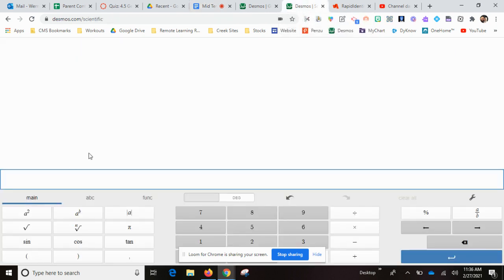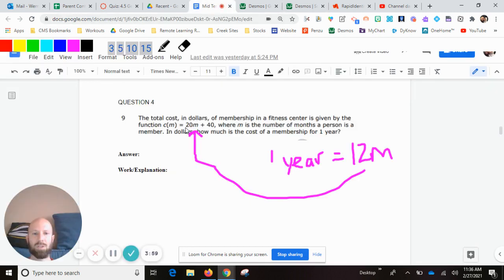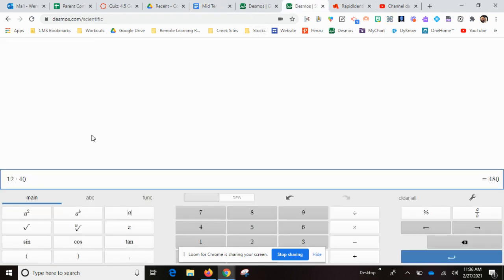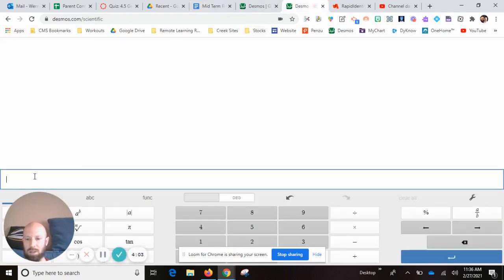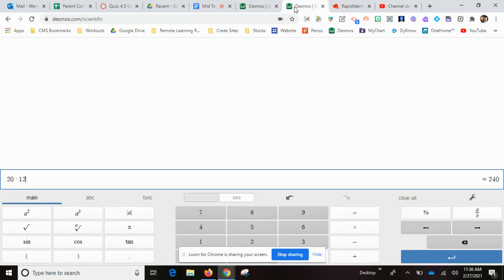Let's hop over to the calculator. I'm sorry, it's 20 times 12. Let's try that again. 20 times 12. And then the equation says we need to add 40.